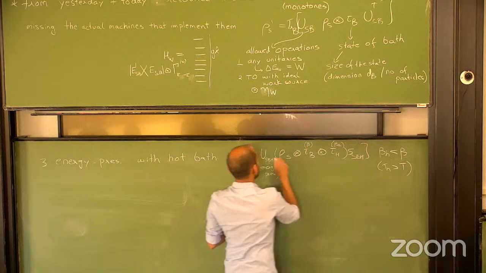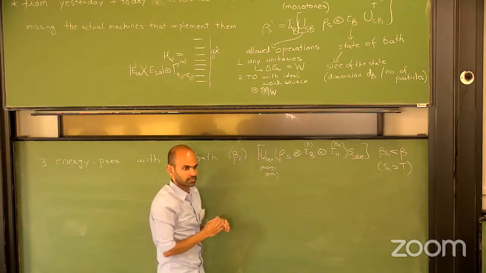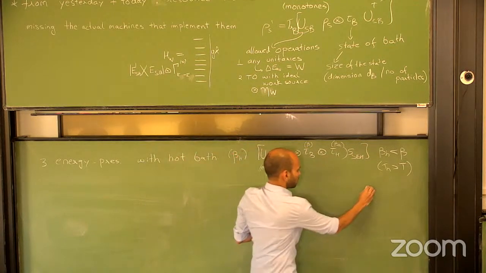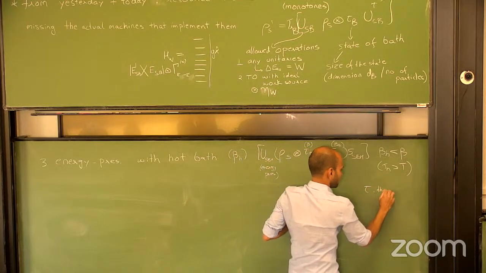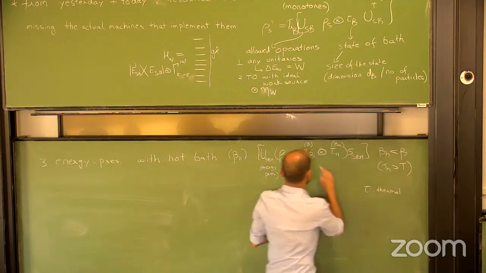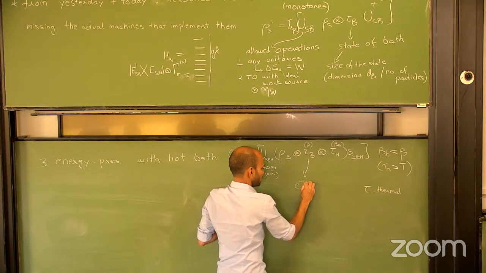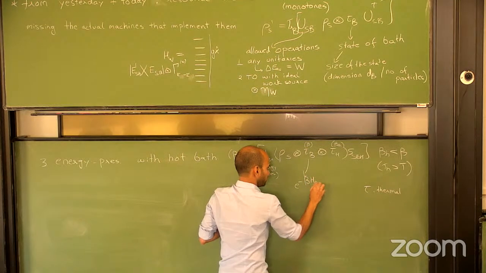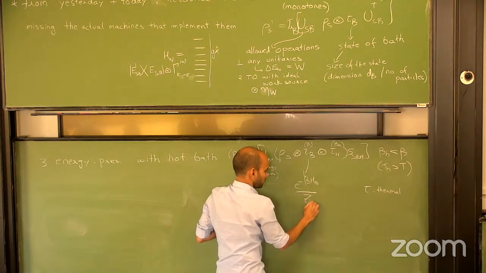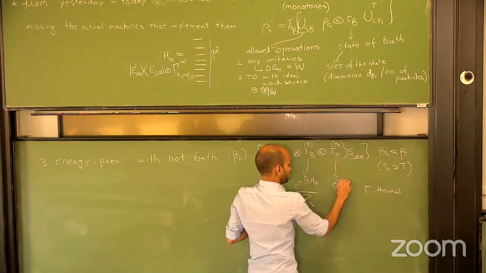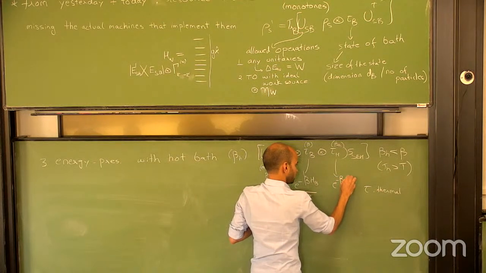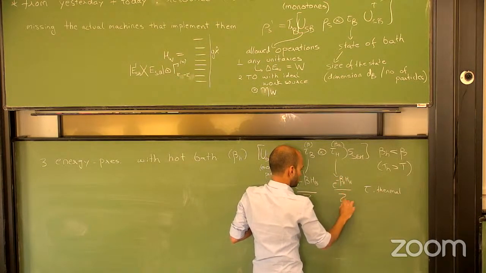Whenever I use tau, this is just to say it's the thermal state. So tau b is the thermal state at temperature beta, which will be of the form e to the minus beta Hb over the partition function.